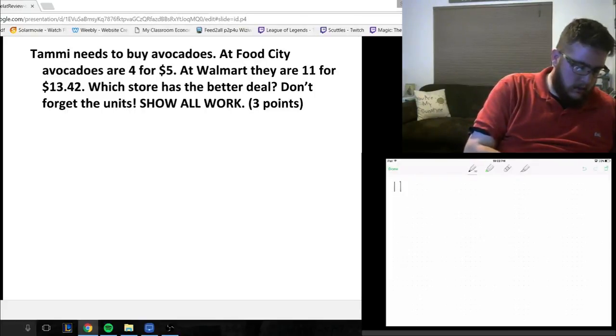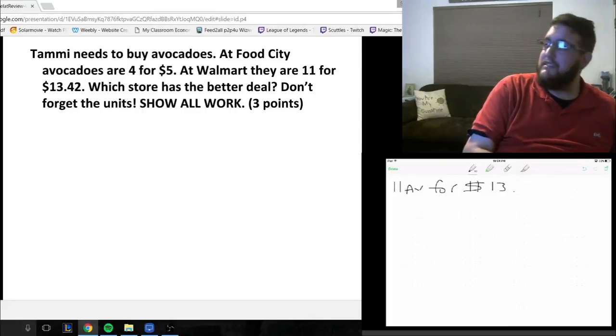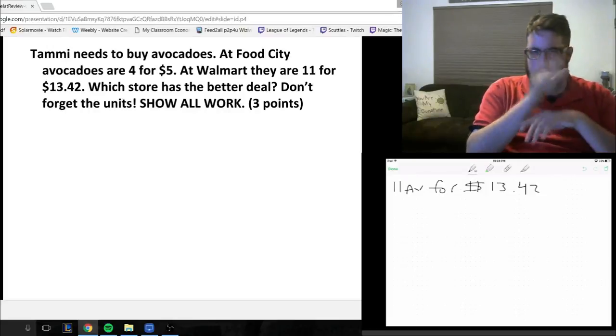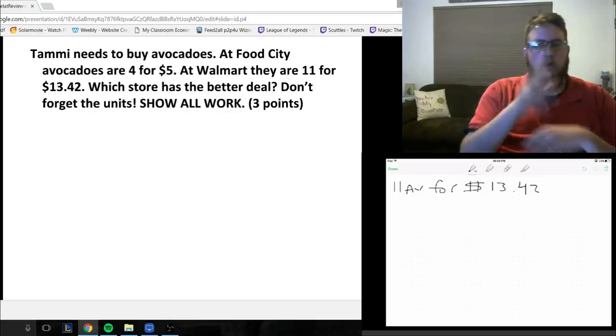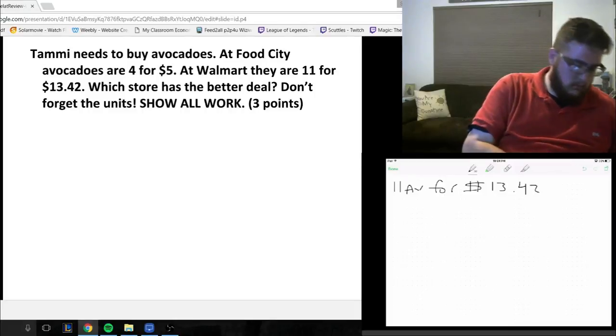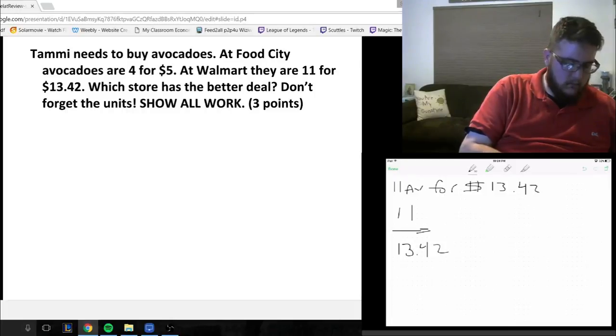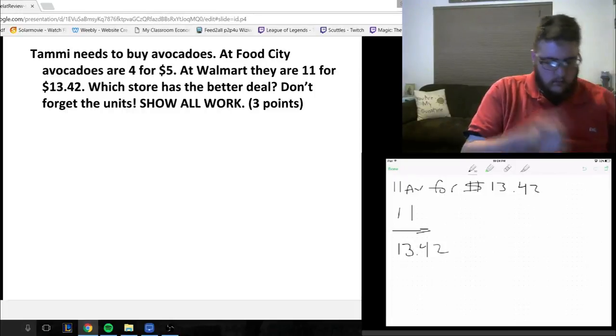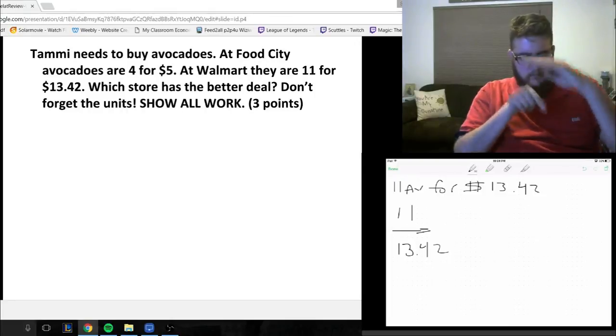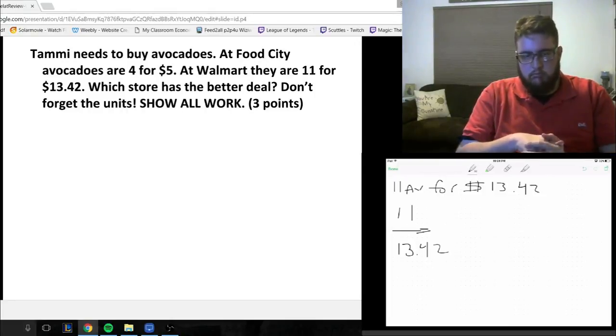So anyway, the information relevant to Walmart is that they're selling 11 avocados for $13.42. So now we need to take that information and set up our ratio. And recall that we were doing avocados over dollars. So now, in order to change this ratio into a unit rate, we must divide the denominator by itself.